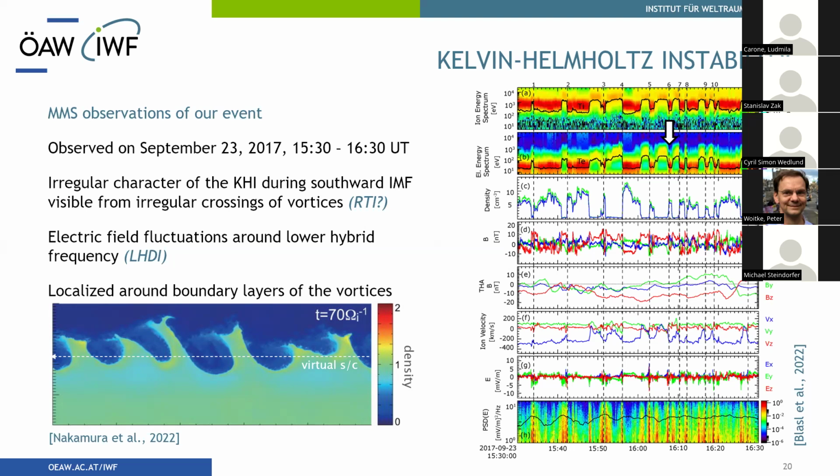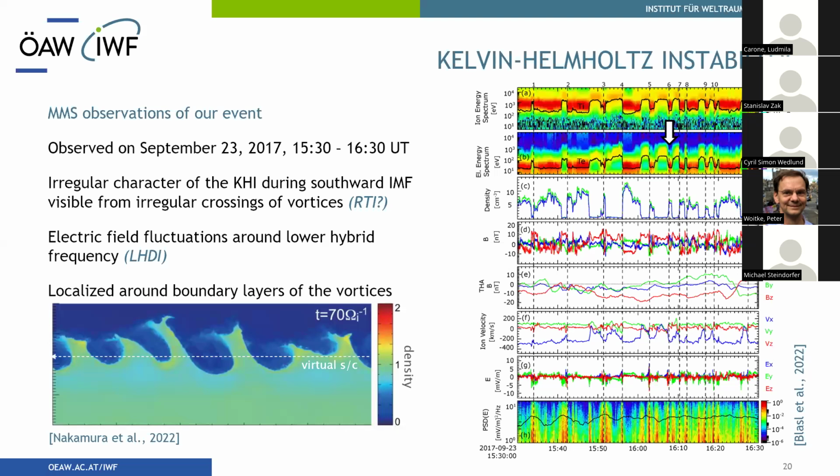So as I told you, it distorts these vortex shapes, and it leads to this very irregular shape of the structures. And if you would fly a virtual spacecraft through here, you would have different lengths of crossing these segments. And so that's exactly what we see in the MMS data. On the top side here, I marked which are the individual vortices that we see.